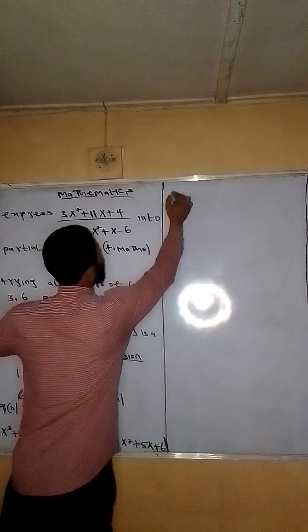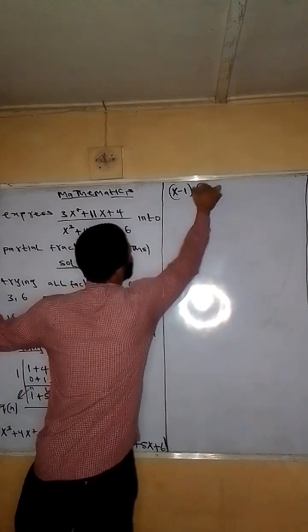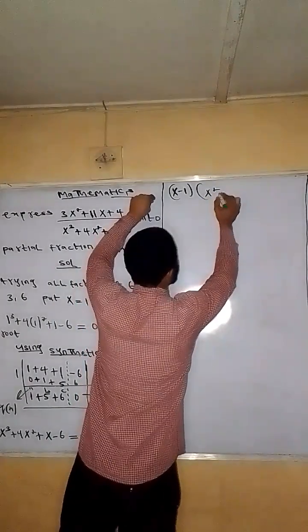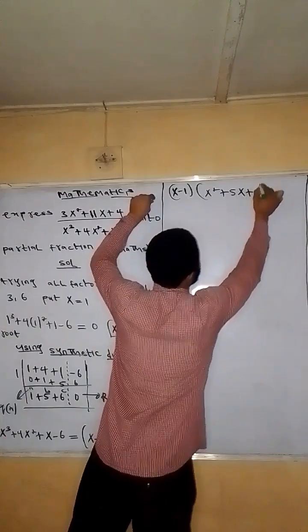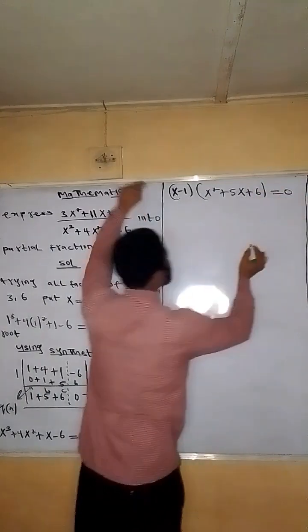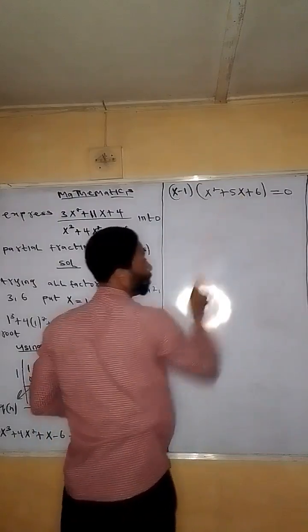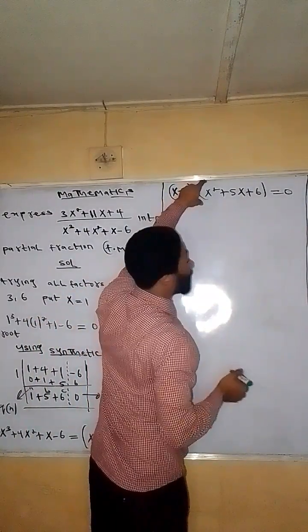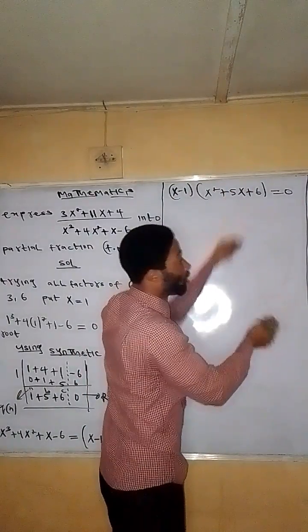That simply means that we are going to have s minus 1 into s squared plus 5s plus 6 is equal to 0. Now, when we break this quadratic polynomial down by factorization, remember, what are the two numbers that when I multiply, they will give me plus 6, and when I add them, they will give me plus 5?